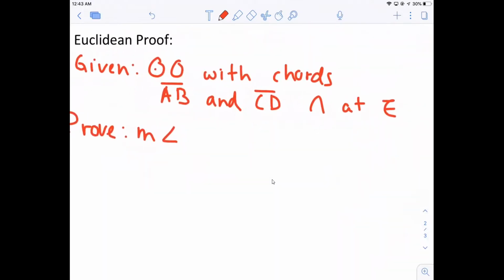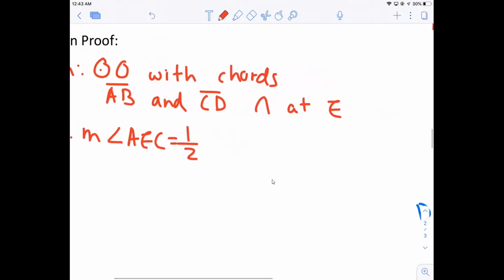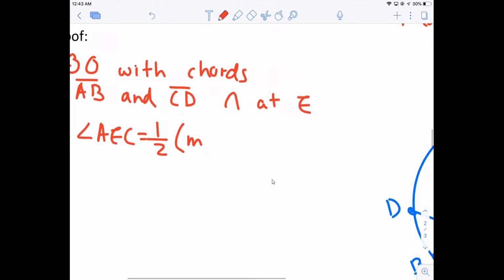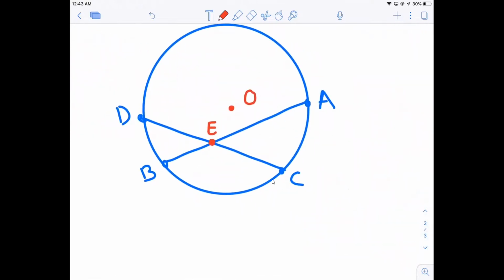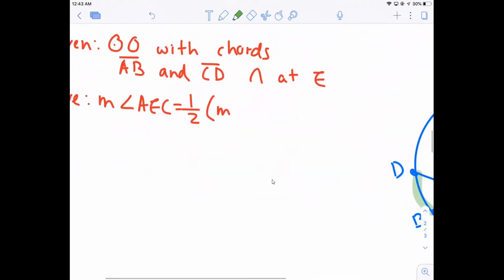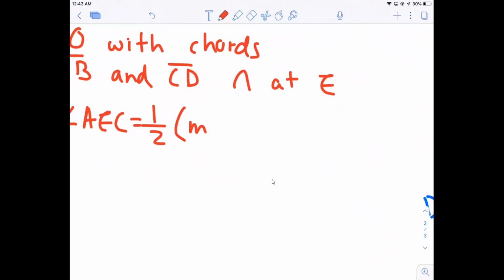Let's prove the measure of angle AEC is equal to half the measure of these two arcs. So half the measure of arc DB plus measure of arc AC. So BD plus AC.